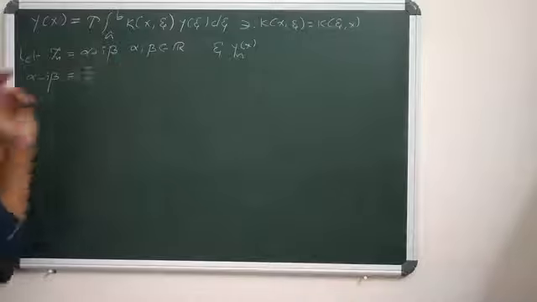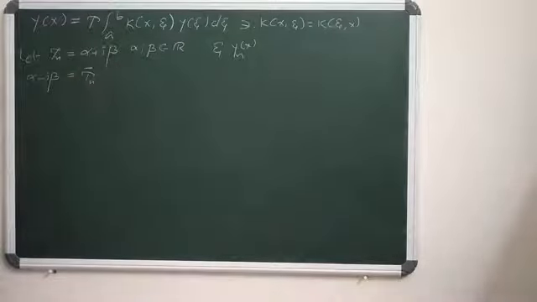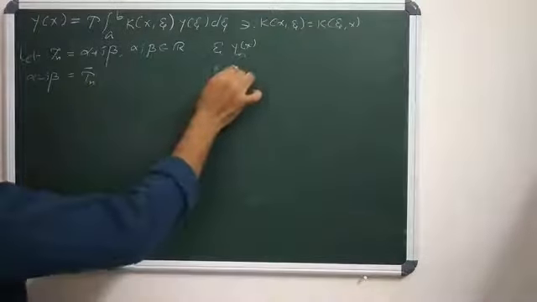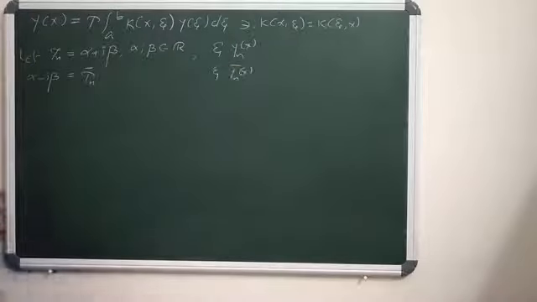In the light of that argument, whenever lambda n bar, that is alpha minus i beta, is the characteristic value, the corresponding characteristic function is y_n bar (x).